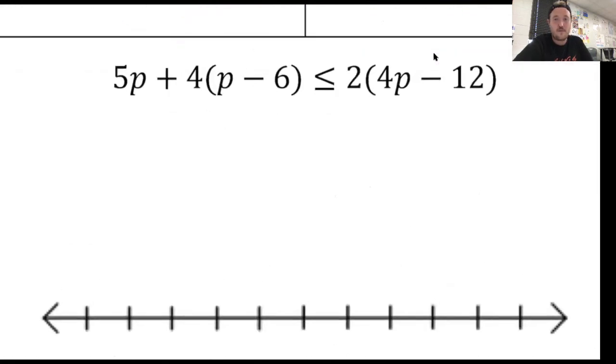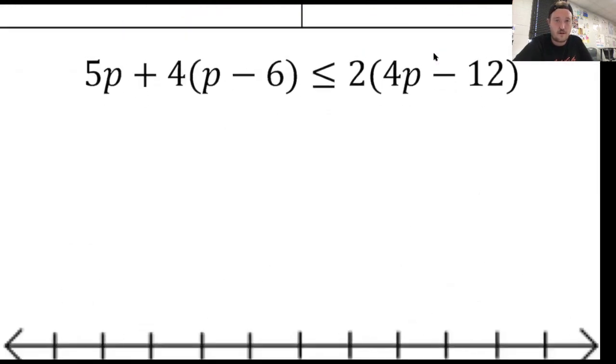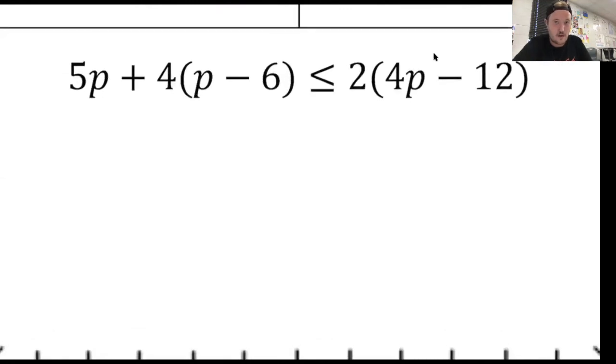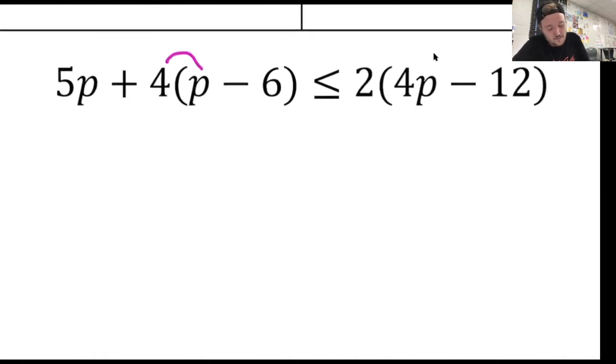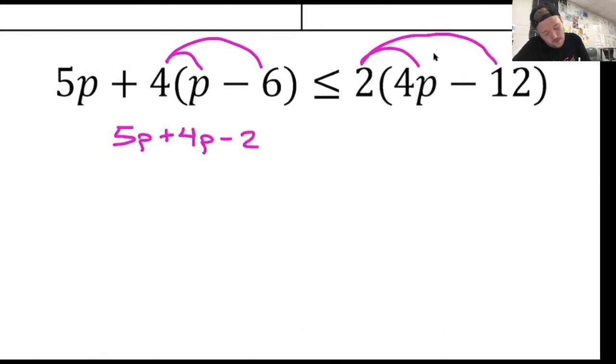All right. I apparently was feeling very cruel and unusual, so I came up with this monster. I don't know why. Everything's fine. All right, so first things first, distribute. So 5p plus 4p minus 24 less than or equal to 8p minus 24.